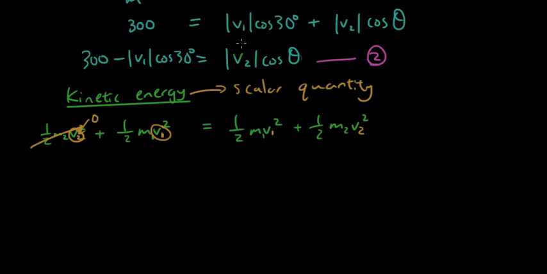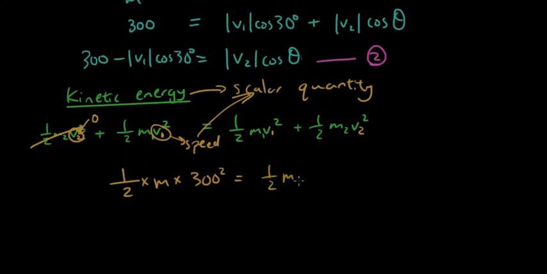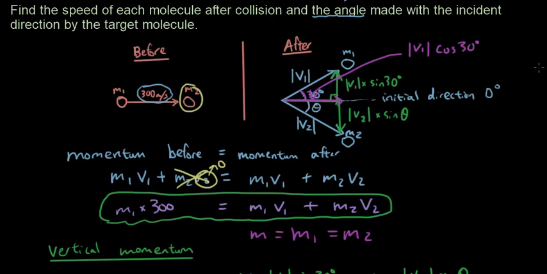Whereas when we're dealing with momentum, we had to separate it into vertical and horizontal components because velocity is a vector quantity, momentum is a vector quantity, whereas kinetic energy, the v refers to speed, which is a scalar quantity.